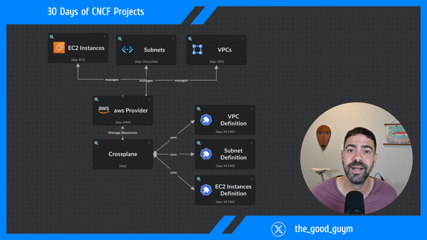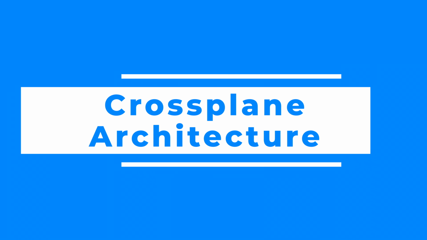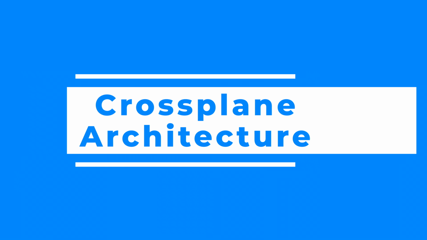For that, we will create our own resources, for example, a VPC, a subnet, EC2 instances, and then Crossplane will take those, go to AWS using the AWS provider, and create the resources and manage the state of them using the CRDs we created in our environment. As simple as that, this is how Crossplane works.